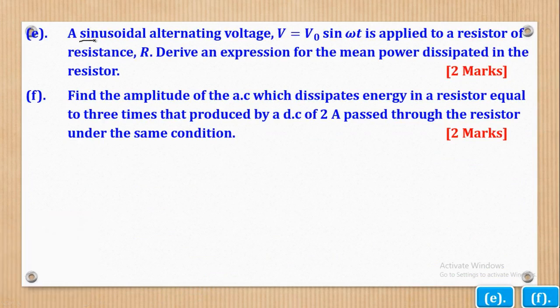So part E says a sinusoidal alternating voltage V equal to V naught sine omega t is applied across a resistor of resistance R. Derive an expression for the mean power dissipated in the resistor.